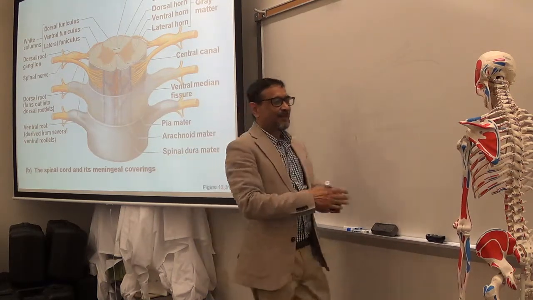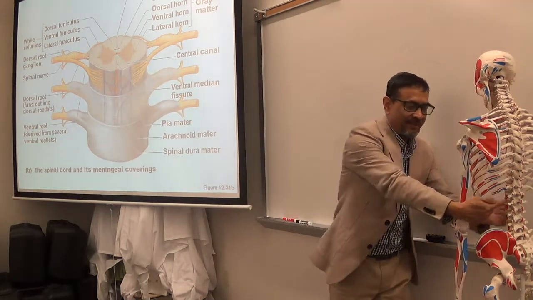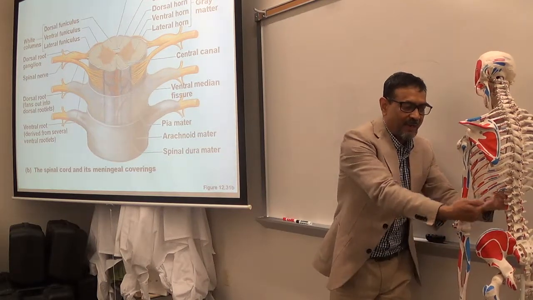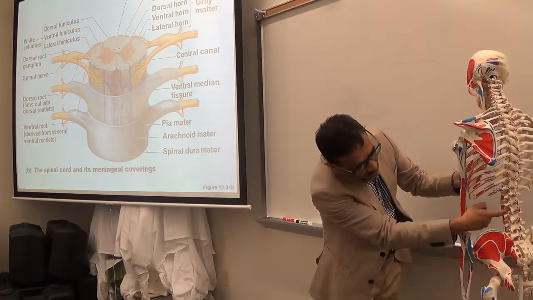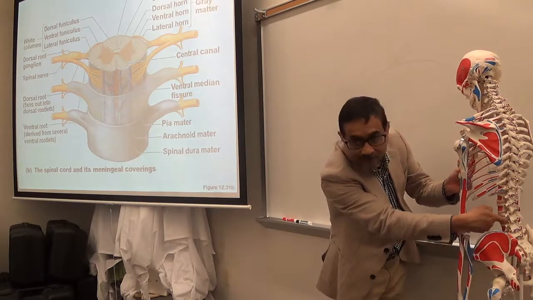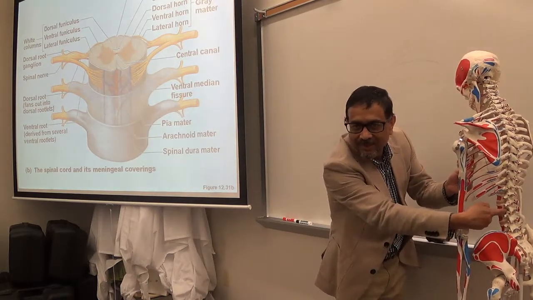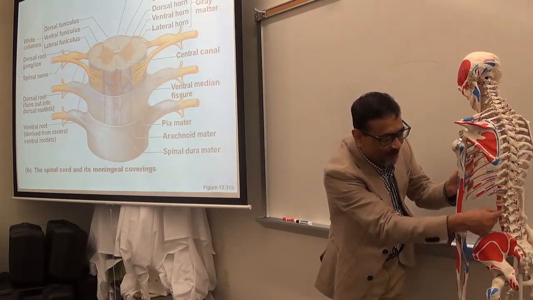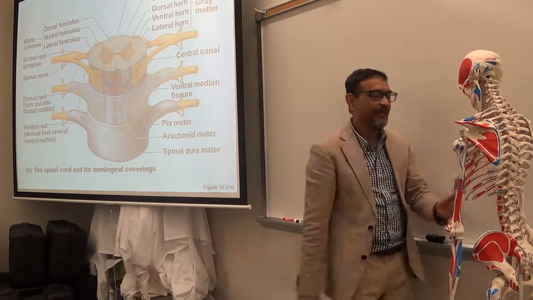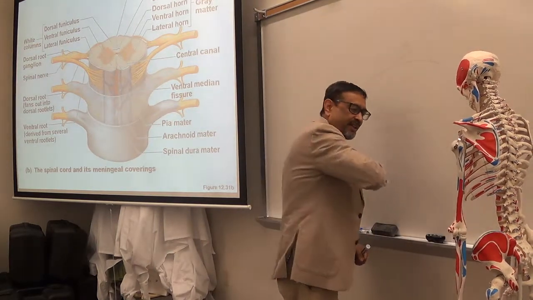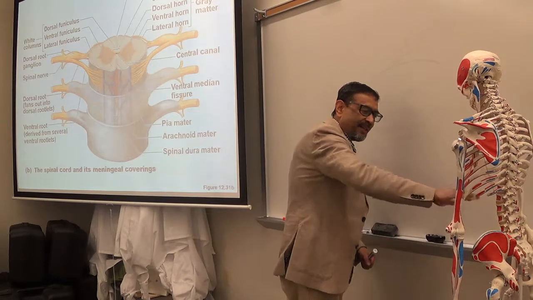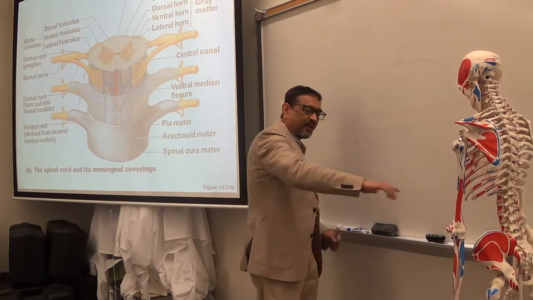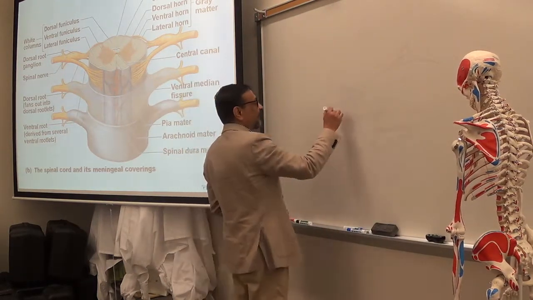So, you have 31 pairs come out from both sides. And that's why you see you have the openings. So, through those openings, spinal nerves come out. Now, if I make a cross section, cut like this, and see a slice of the spinal cord, it will look like this.